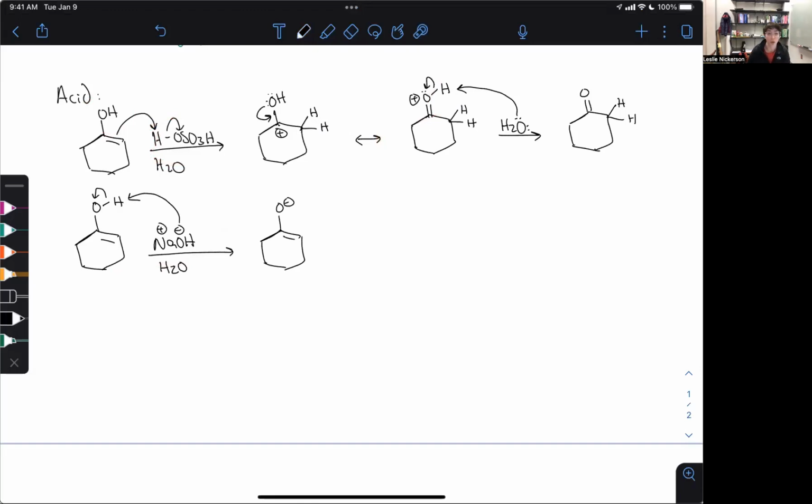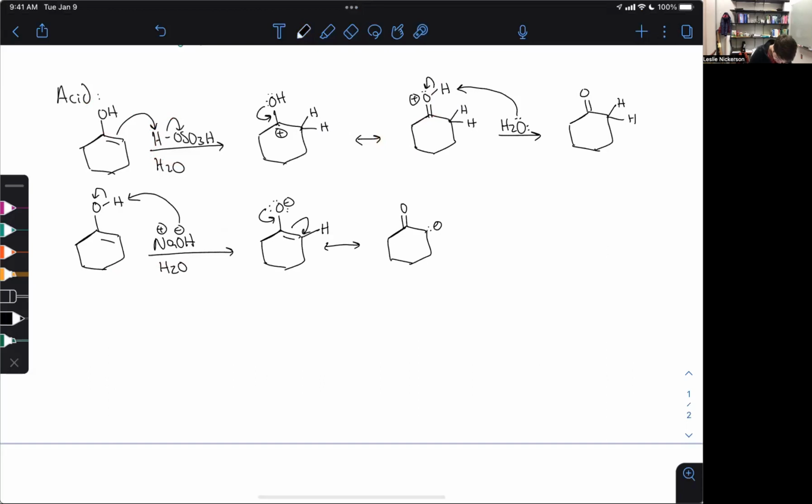Okay, so I can go to this enolate, which is just the deprotonated form. I can again do some resonance structures here. That way we can see a little bit better how we're actually going about protonating here.